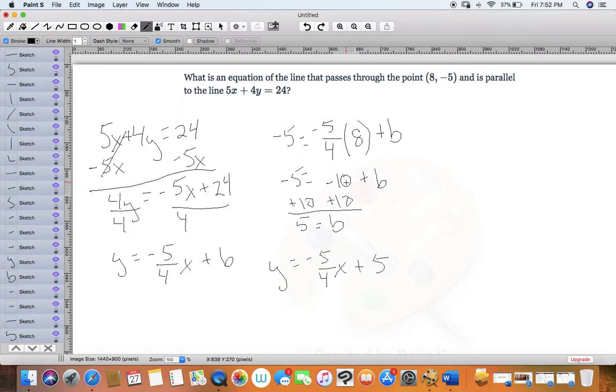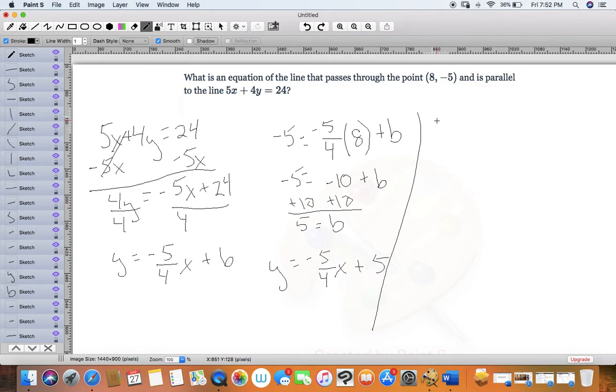Now I did want to also do the same problem, but if it had asked for a line that's perpendicular, we would do the same first step of figuring out what the equation looks like in y equals mx plus b form. But when lines are perpendicular, their slopes are opposite reciprocals.